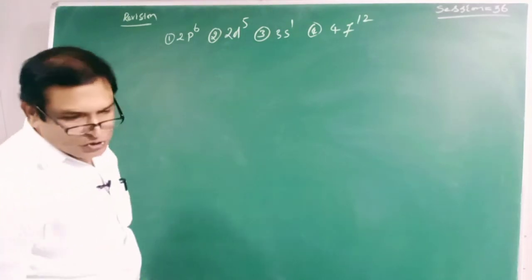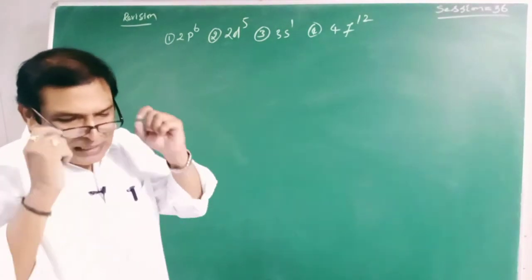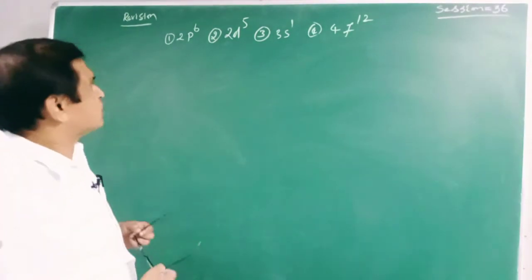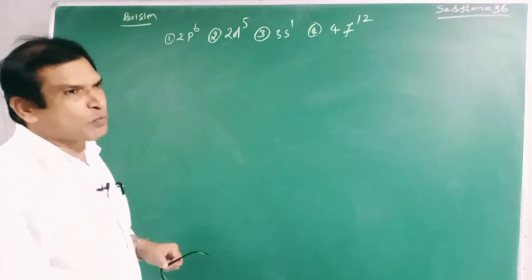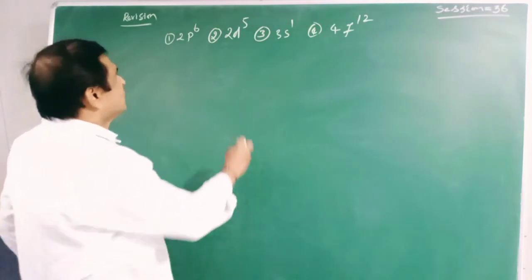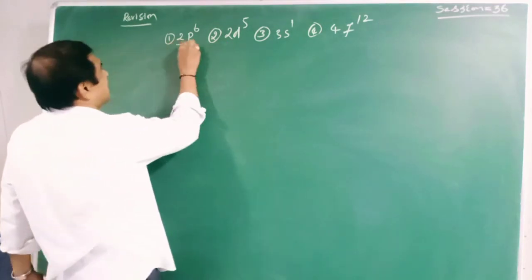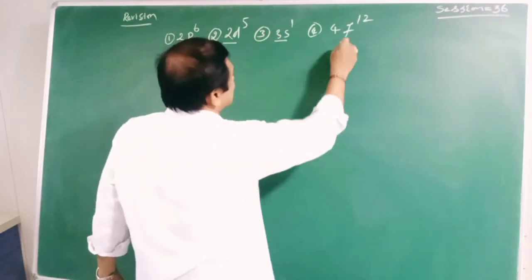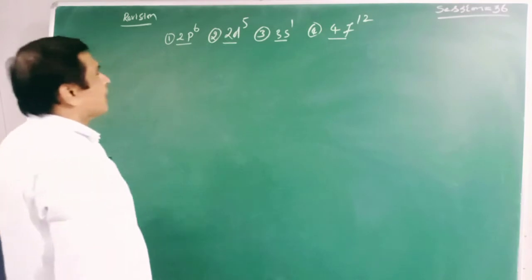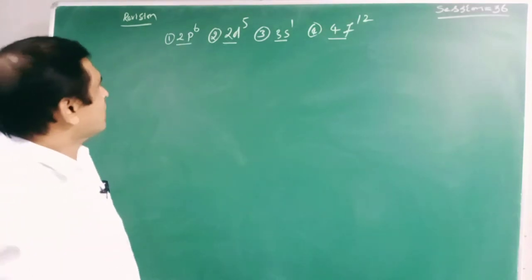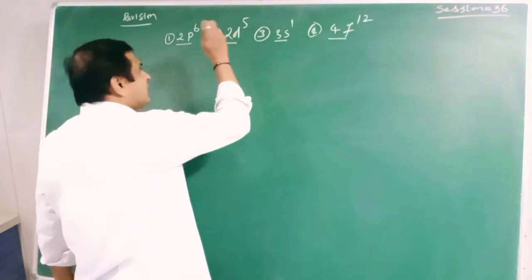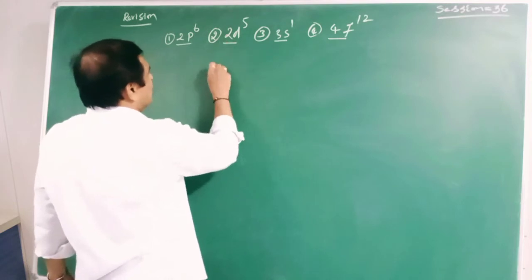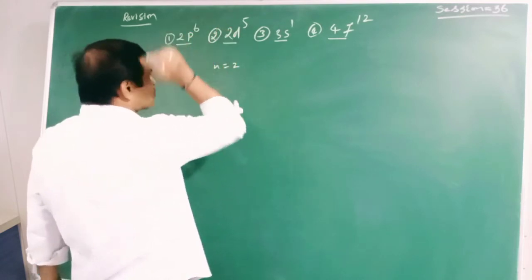So which electron configuration is not possible? It is given as 2p, 2d, 3s, 4f. Is 2d possible? n is clearly 2.